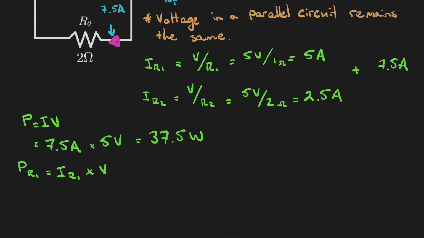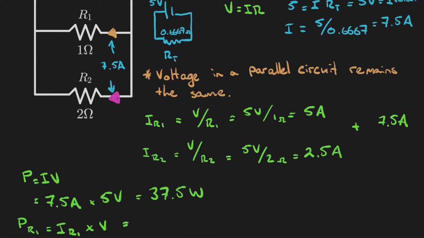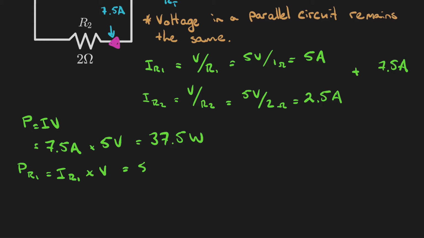So therefore, the power flowing through the resistor 1, or being consumed by the resistor, I should say, is actually equal to 5 amps multiplied by 5 volts, which equals 25 watts.